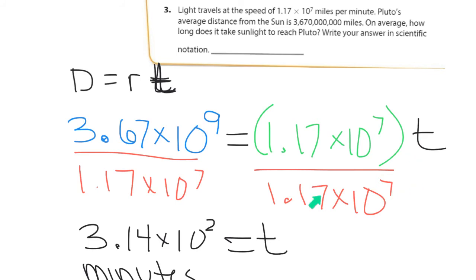I'm going to solve this and divide both sides by my rate. So these two cancel. Time is by itself. So I solve this part of the problem, divide it with my handy dandy calculator. I rounded this to the nearest hundredth because this was a long decimal. And then whenever I divide with powers of 10, I subtract the exponents. 9 take away 7 gives me 2. So that's about how many minutes it would be.